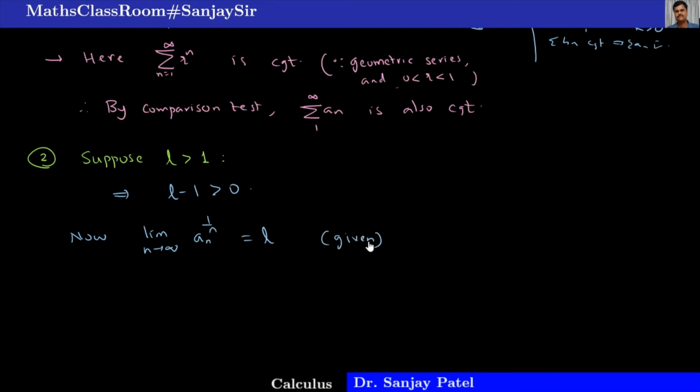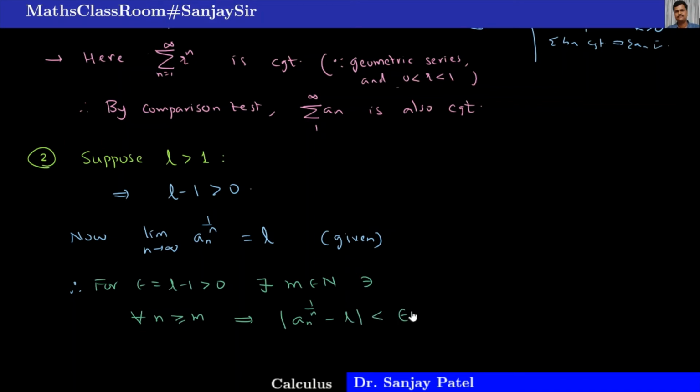Okay. So we'll apply the definition of limit of a sequence by taking epsilon is equal to say L minus 1 because it is a positive number. The definition holds for any given epsilon. So for epsilon is equal to say L minus 1 greater than 0, we can always find some positive integer m belongs to N such that for all n greater than or equal to m implies mod of a_n raised to 1 upon n minus L, that is mod of x_n minus x, is less than epsilon.